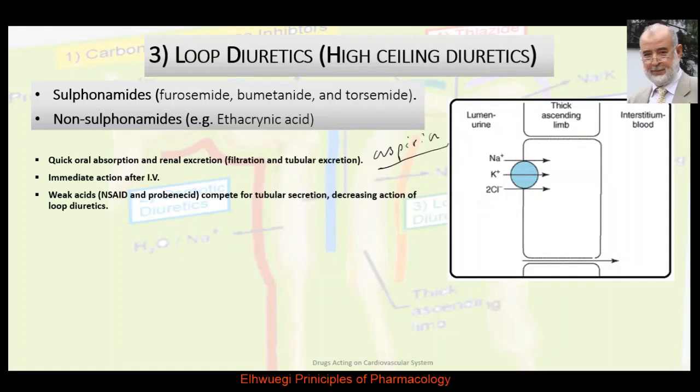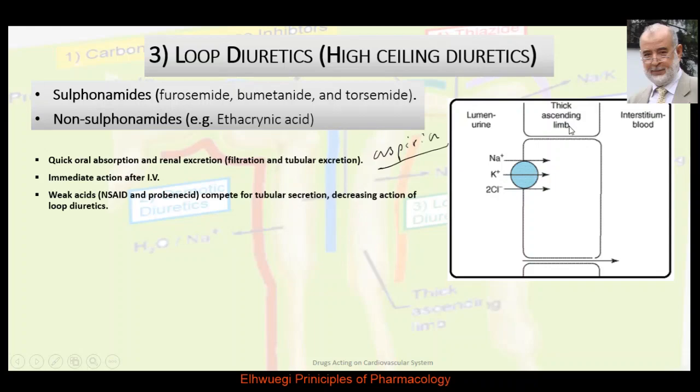So how do these drugs act? These drugs act on the thick ascending loop of Henle. As we have described before, there is the thin descending loop of Henle, then the thin ascending loop of Henle, and the thick ascending loop of Henle. So they work on the thick ascending loop of Henle.